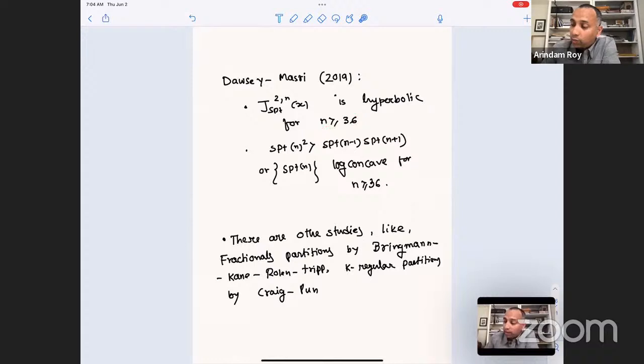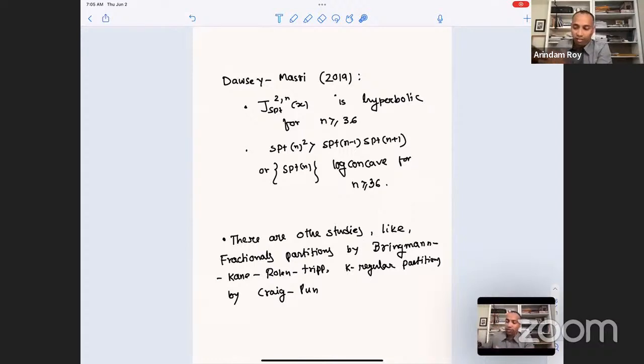In other words, spt(n) squared minus spt(n minus 1) times spt(n plus 1) is greater than 0 for all n greater than 36.